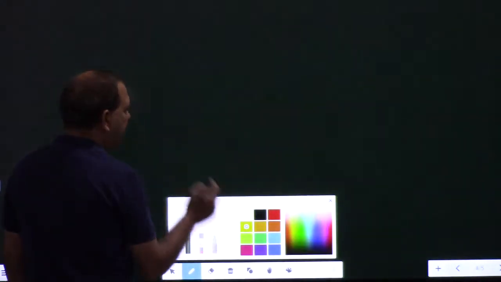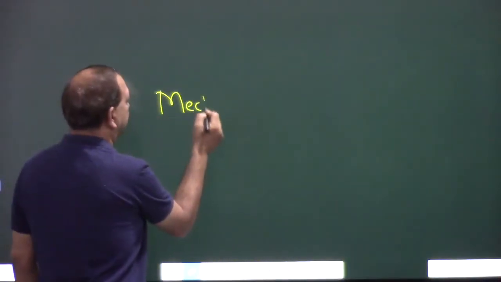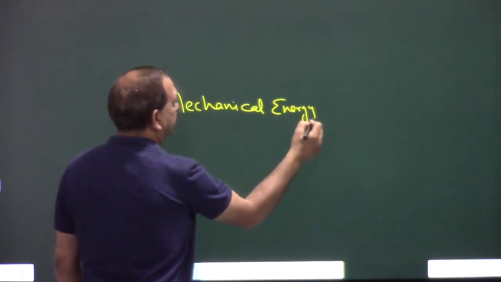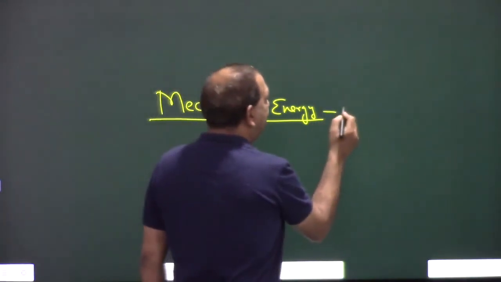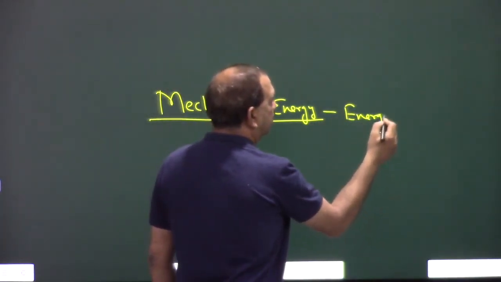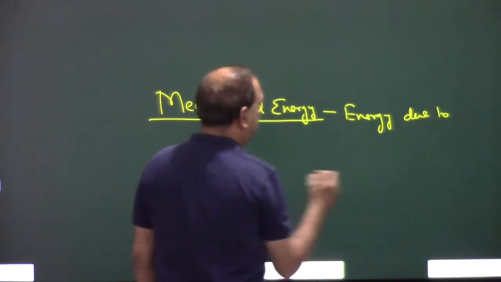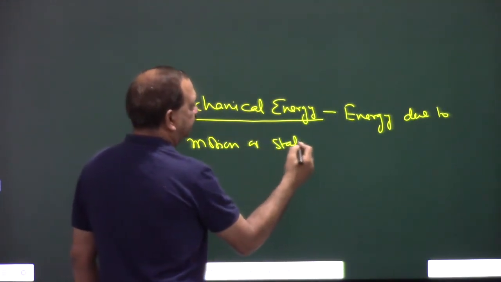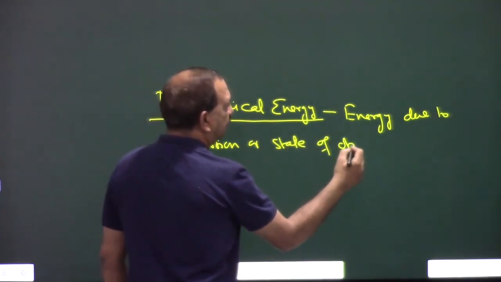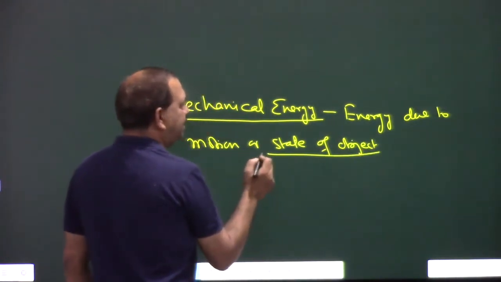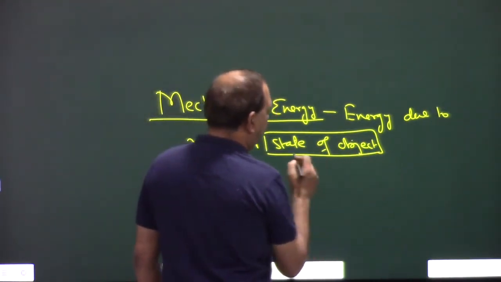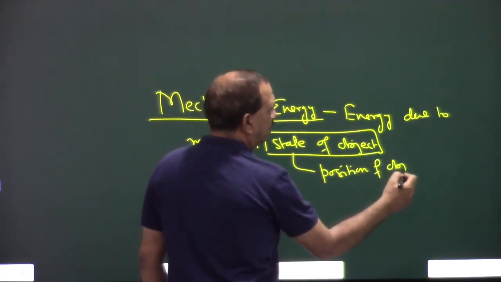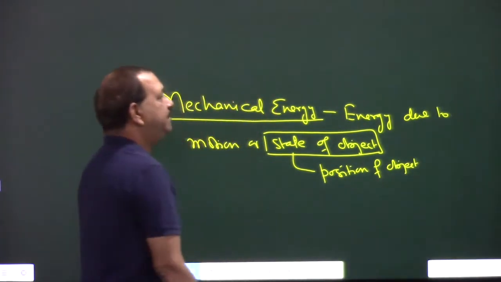So what is mechanical energy? This is energy due to motion or state of object. And let's be more precise, or position of object. Right?